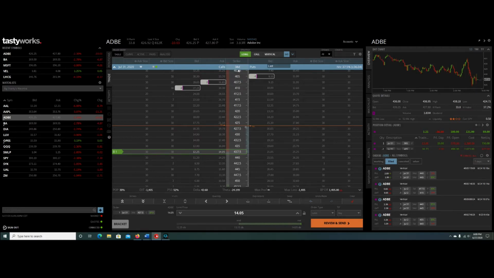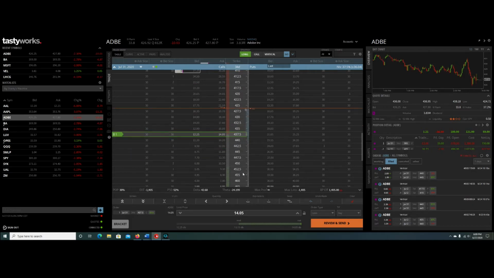And at expiration, at 34 days from now, you need this stock at 450 just to break even, not even to make profit. So you don't start to make profit on this position at expiration until it's well above 450. Whereas with the spread, you make max profit, you make 205 at 441.